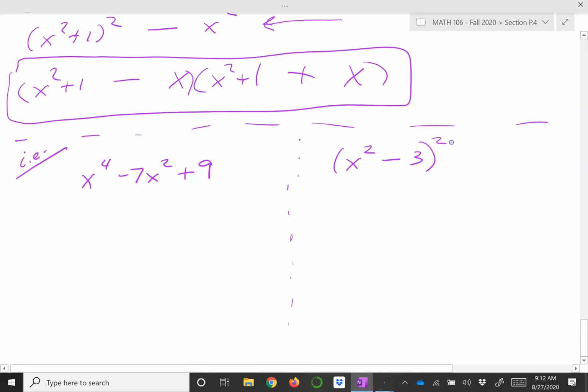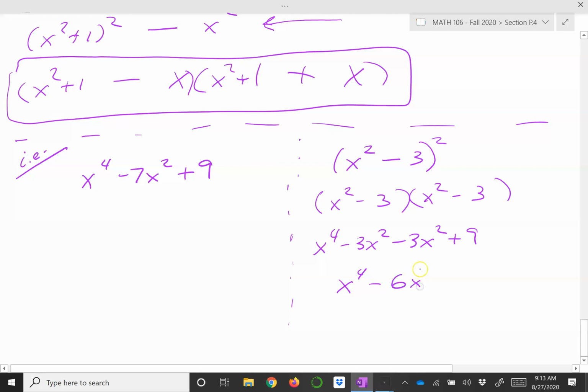And what I'm going to do is I'm going to square it. So I'm going to just make it look like FOIL. And then go ahead and evaluate this. So I'll have x to the fourth minus 3x squared minus 3x squared plus 9. So then what I'm looking to do is introduce x to the fourth minus 6x squared plus 9 into my original polynomial.